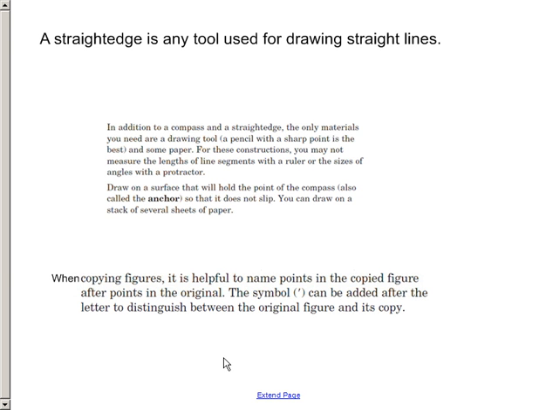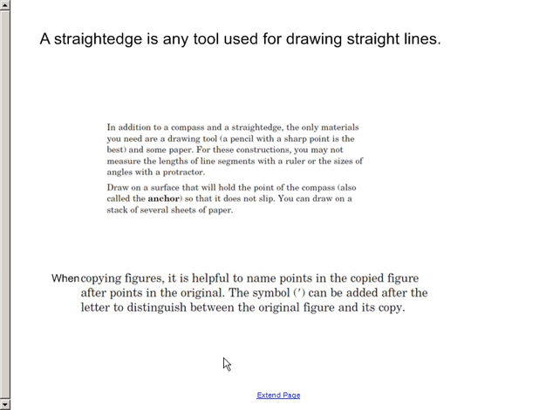So another note: when you copy a figure, and you've already done this, you've used letters with a little symbol that looks like an apostrophe. When you copy figures, it's helpful to name the points in the copied figure after the points in the original. So that little symbol, like an apostrophe, can be added after the letter.